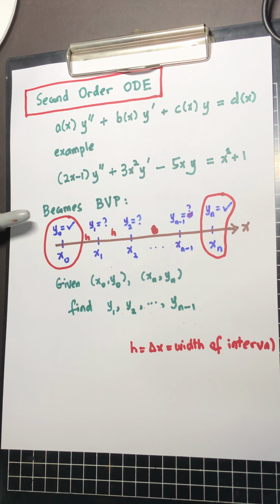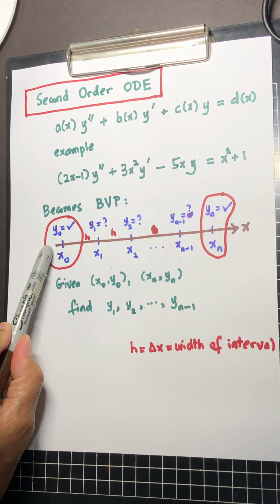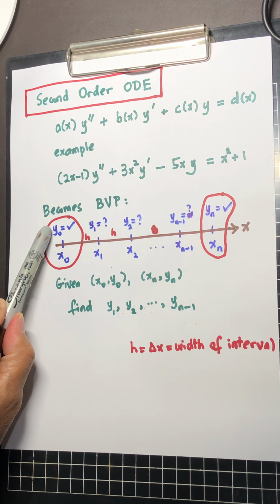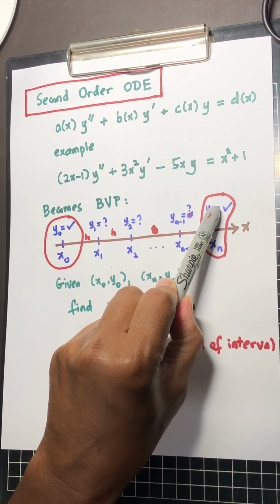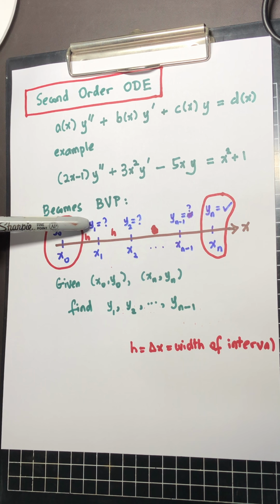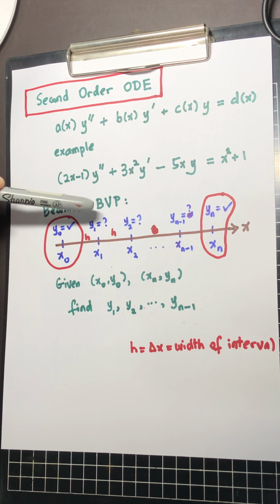So the whole thing becomes what we call boundary value problem. Why do we call boundary? Because it involves boundaries, left and right. You see left, x0 and y0 are given. xn and yn on the right are given. We need to find the values of y in between. For example, y1, y2, and so on until yn minus 1.